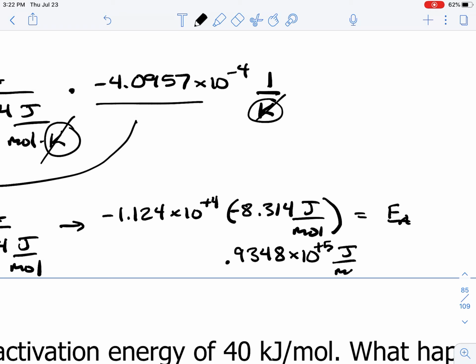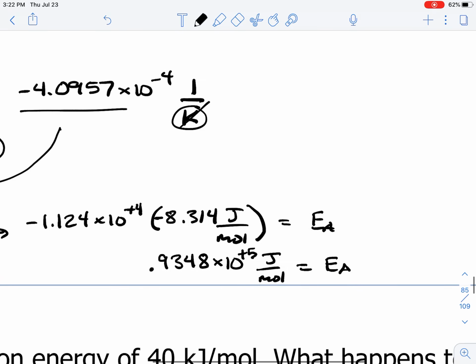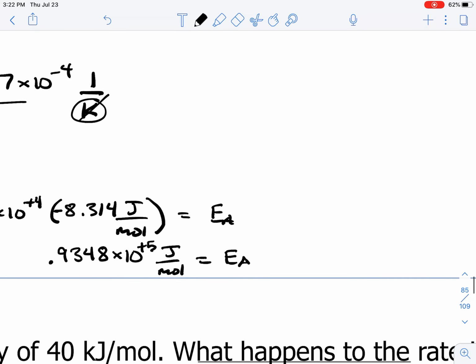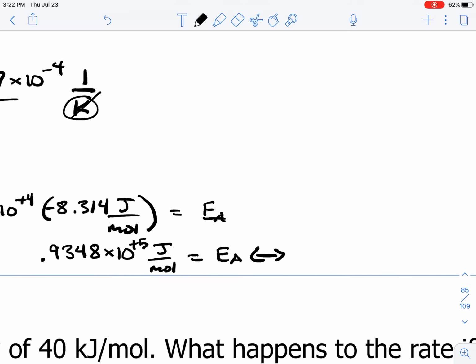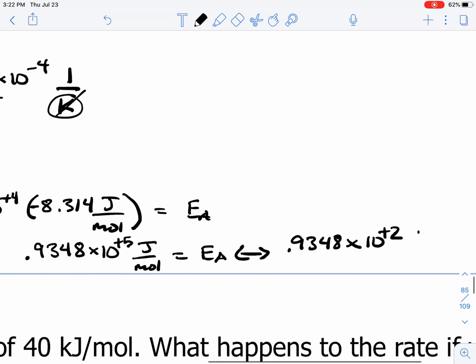Joules per mole. Okay. And so looking at the answer that I got, actually I can express this in terms of kilojoules, so I'll just put a double-headed arrow. So this can be 0.9348 times 10 to the positive 2 kilojoules per mole.